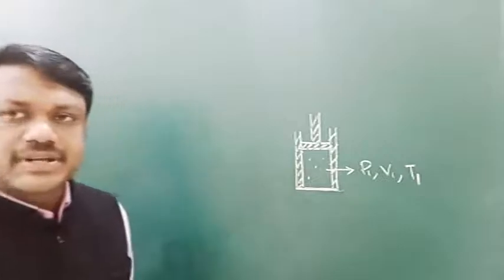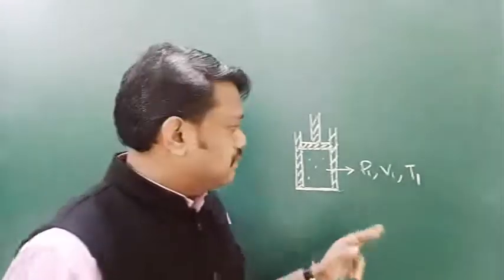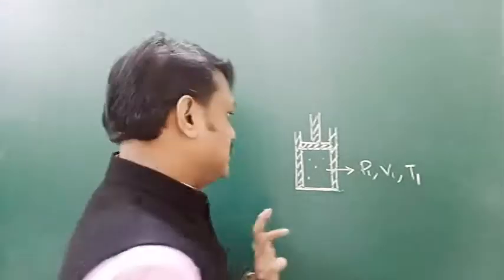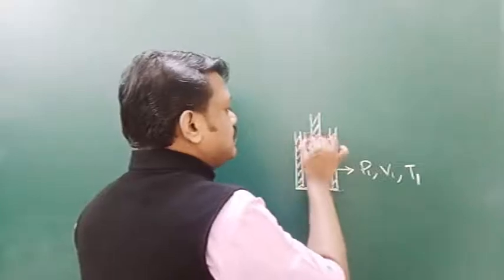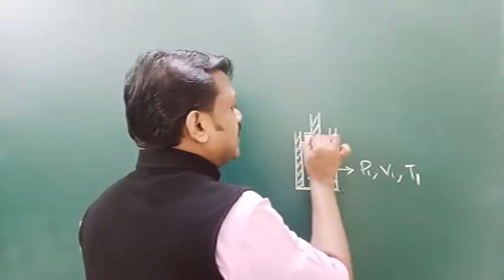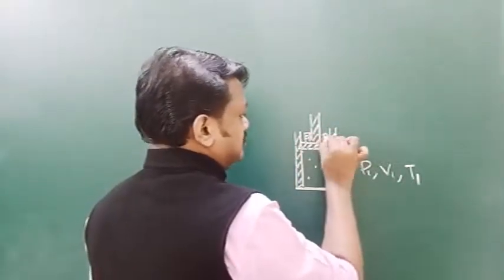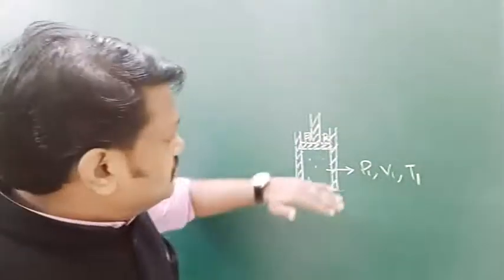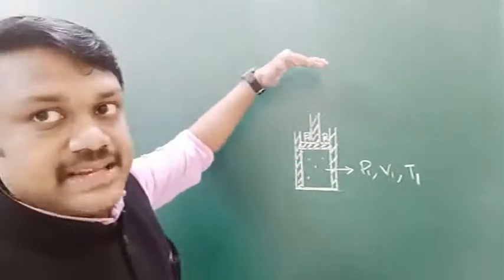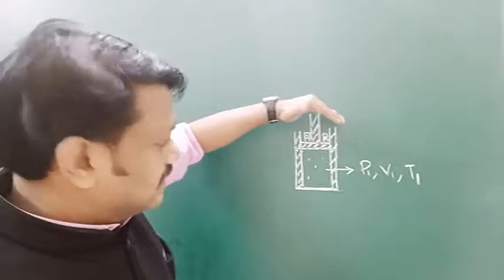That is, its pressure, volume and temperature are P1, V1 and T1. Suppose some weights are placed over this piston, so the piston can't move up by itself.